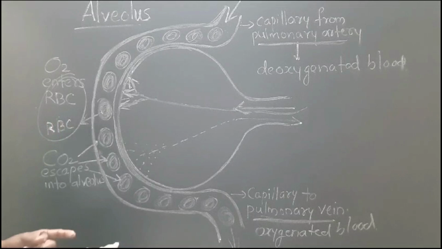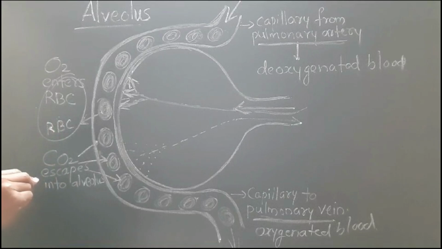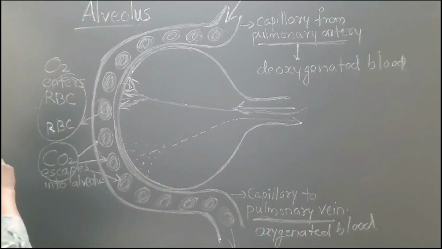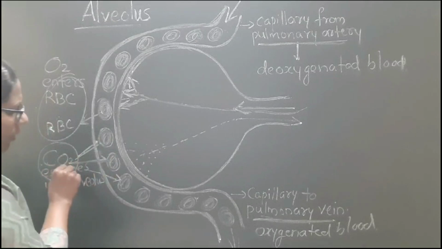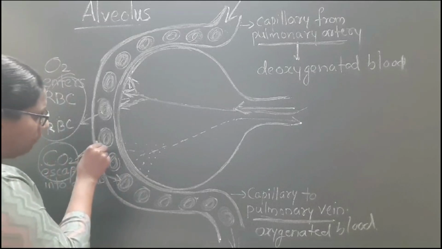At the same time, carbon dioxide is there in the cell after respiration. We learned about aerobic respiration and anaerobic respiration. After aerobic respiration, the end products are energy, carbon dioxide and water, and this carbon dioxide and water diffuse into the capillary.